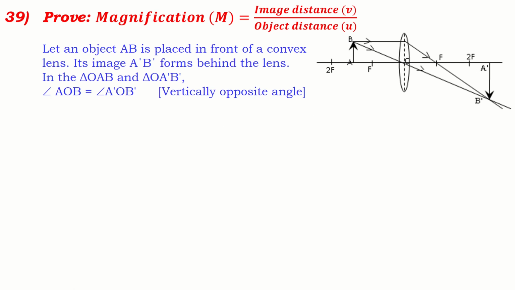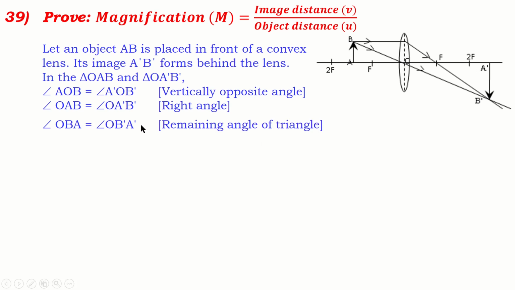Vertically opposite angles are equal. Now next, angle OAB is equal to angle OA'B'. Now next, angle OBA is equal to angle OB'A', because this is the remaining angle of the triangle. If two angles are equal, the third remaining angle of the triangles is also equal.